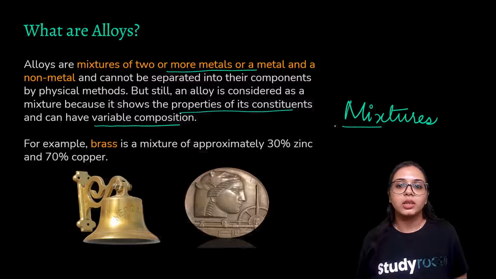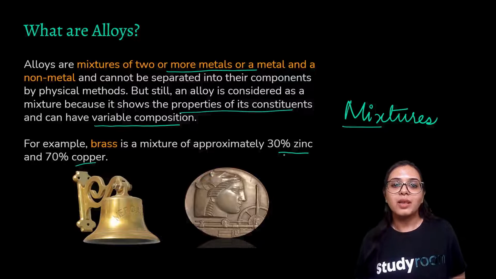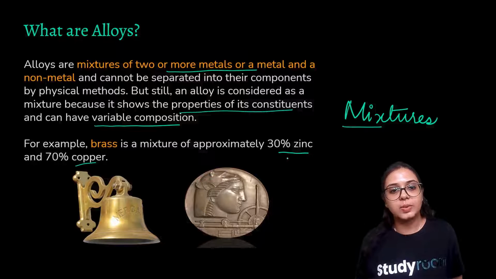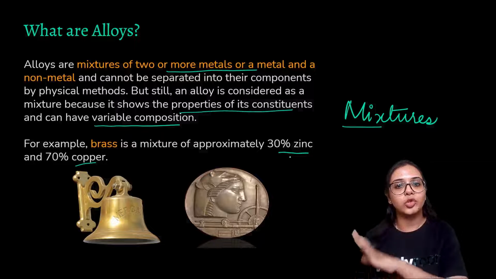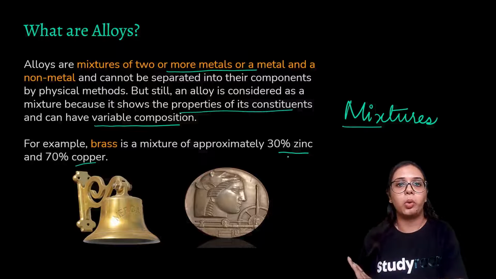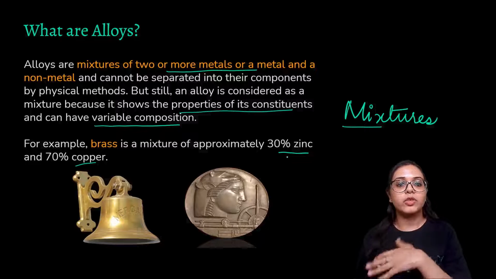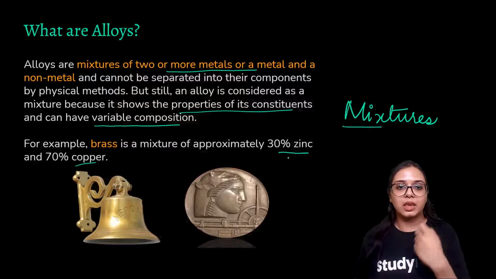Like brass: it will show the properties of zinc, and it will also show the properties of copper. Brass is approximately 30% zinc and 70% copper, but it is a mixture, an alloy. This brass particle may show the properties of its constituent particles, zinc and copper.